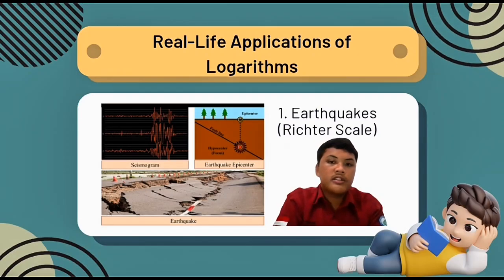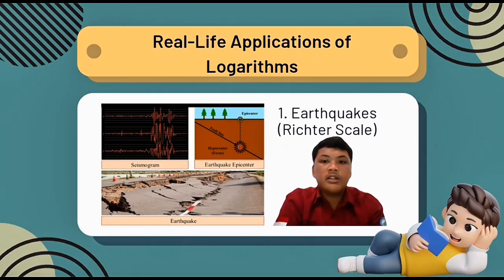The first, earthquakes. The magnitude of an earthquake is measured using a logarithmic scale with base 10. Each increase of 1 unit on the Richter scale represents 10 times more ground shaking.